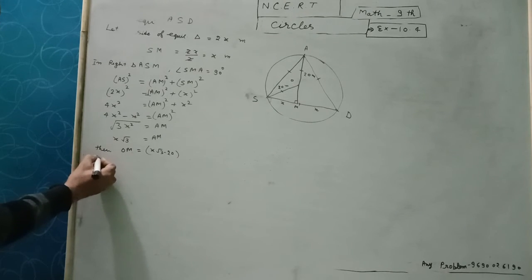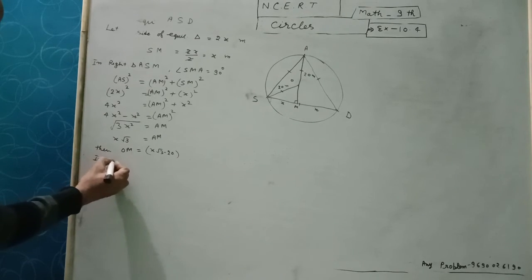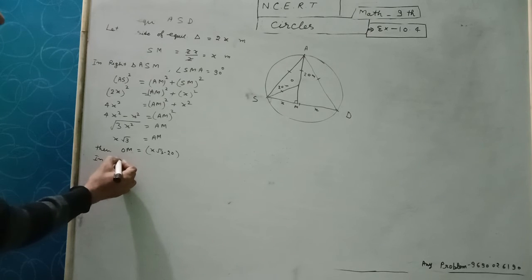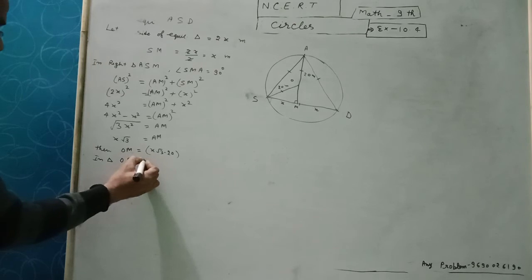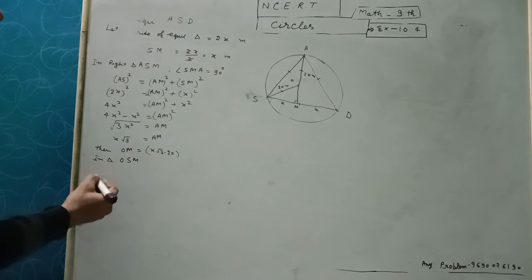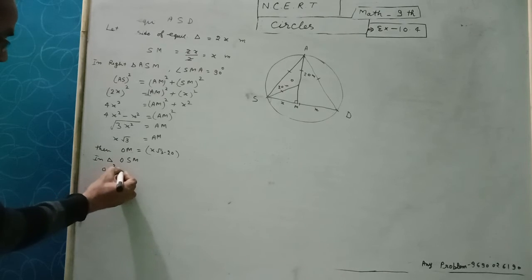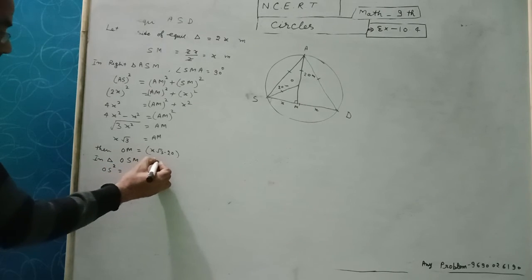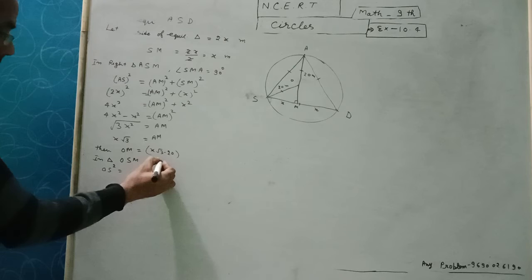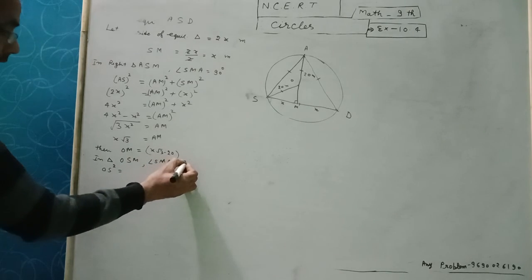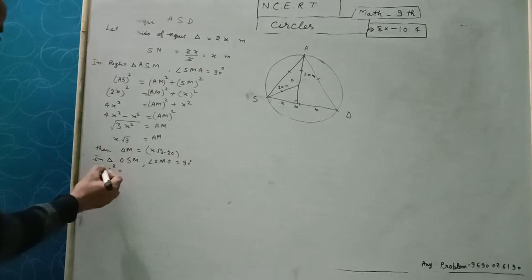In right triangle OSM, OS is the hypotenuse, angle SMO is equal to 90 degree.